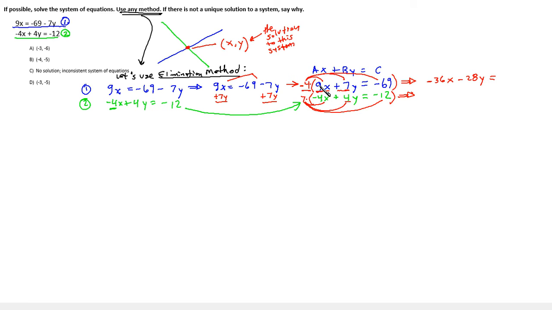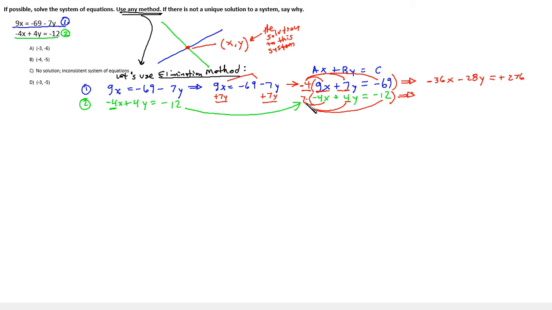Equals negative times negative makes positive. I'm going to use the calculator to save time, and if I'm in an exam, I definitely want to use the calculator. 69 times 4 is 276, and that would become +276.